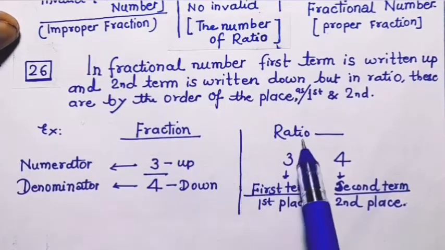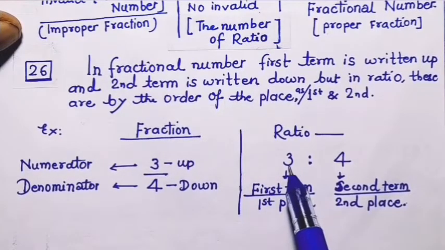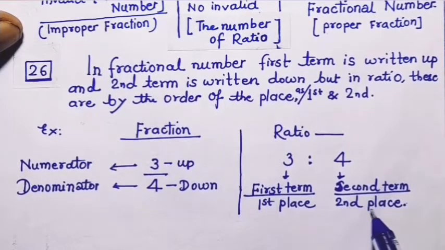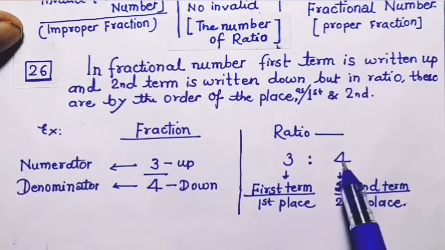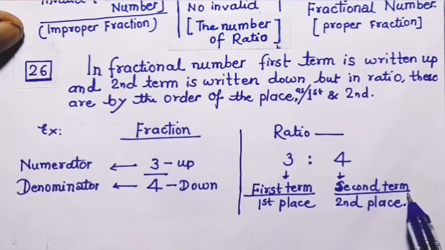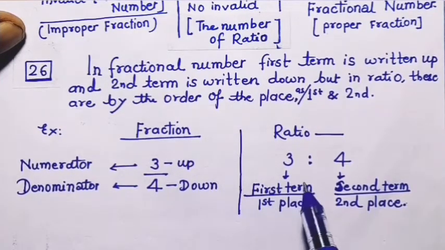But in a ratio, 3 is written at the first place and 4 is written at the second place. So this is called the first term and this is called the second term, and this is the difference between them.